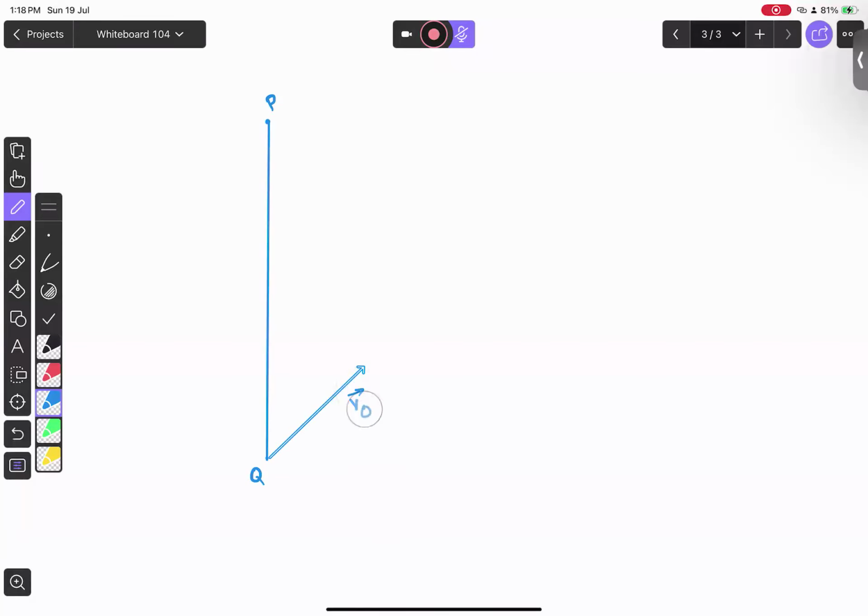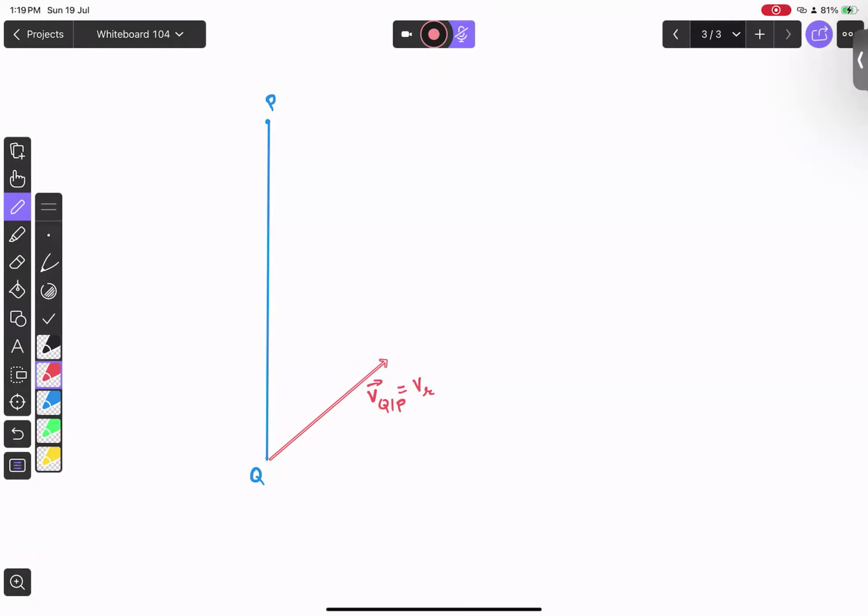The velocity of Q with respect to P is of magnitude Vr. Maybe I'll use a different color. So the velocity of Q with respect to P is directed along this red arrow, and it is of magnitude Vr.